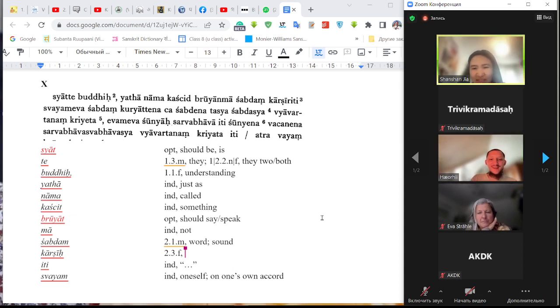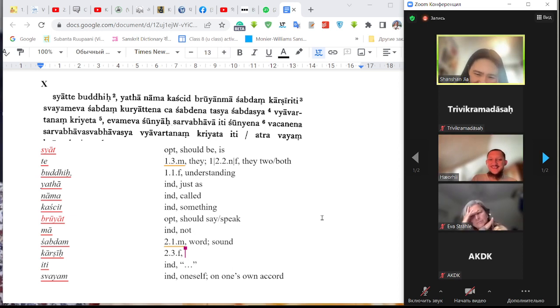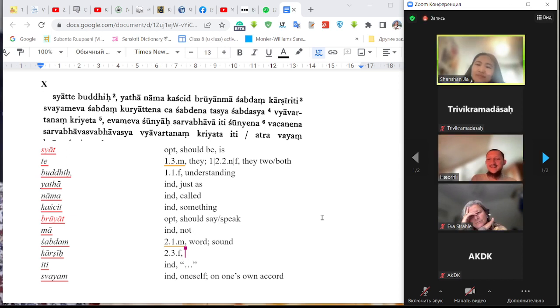Is kriya ita not correct, or is it just not the form that you want? That's not the form I want. Why? Because I don't know what it is. We have kriya ita, and then it doesn't make much sense to me.